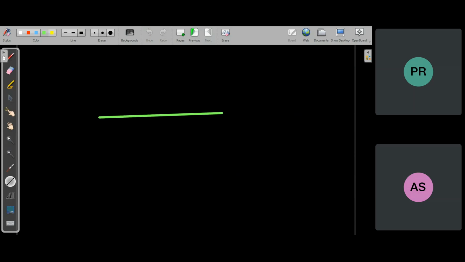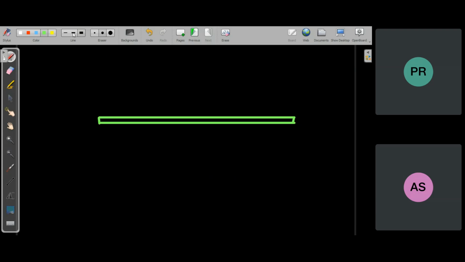See, this is the example. Suppose this is a rod, and here you can see that two forces are acting. One force is this, and one force is this.